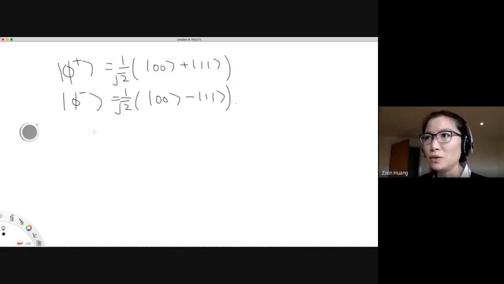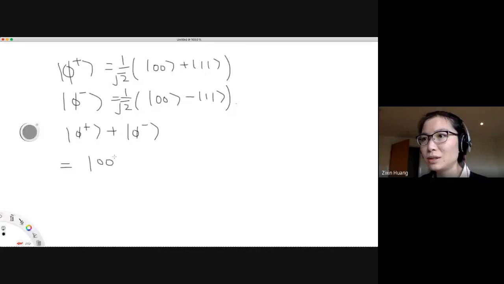And so, of course, when I add phi plus and phi minus together, it will give you |00> plus |11> plus |00> minus |11>.